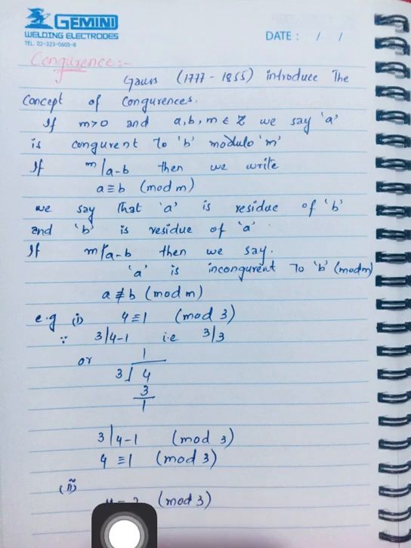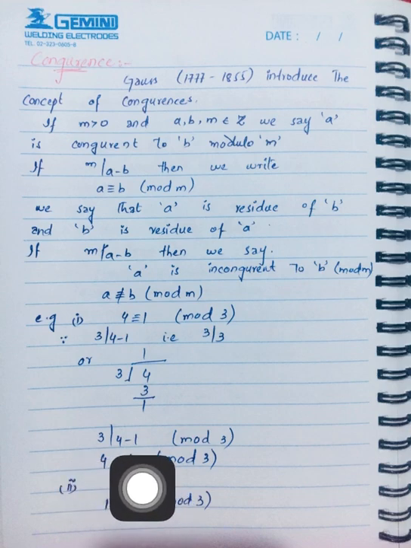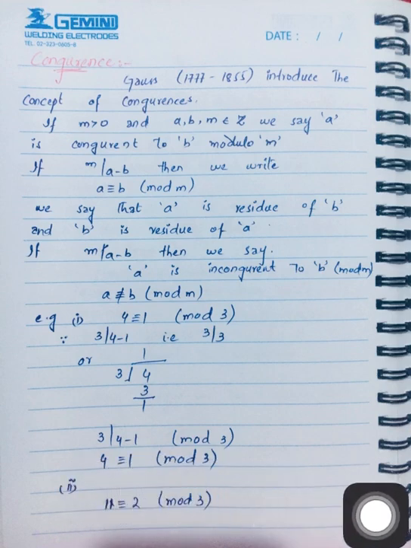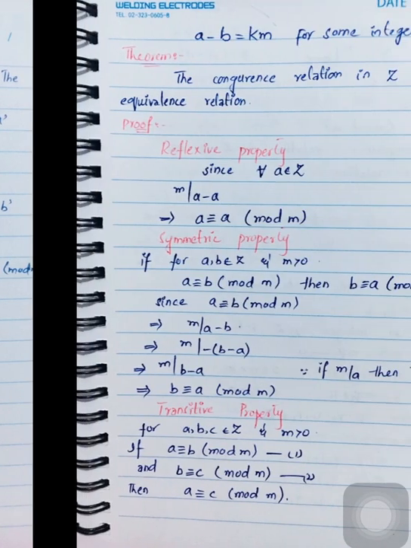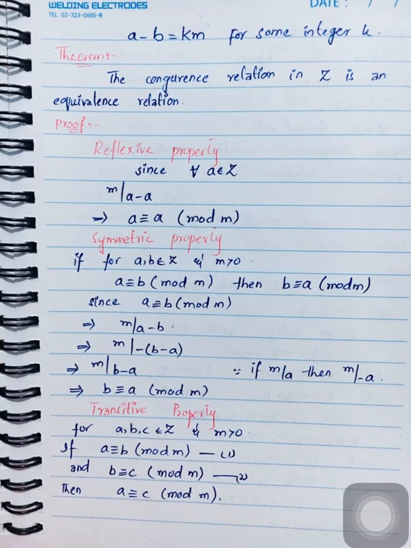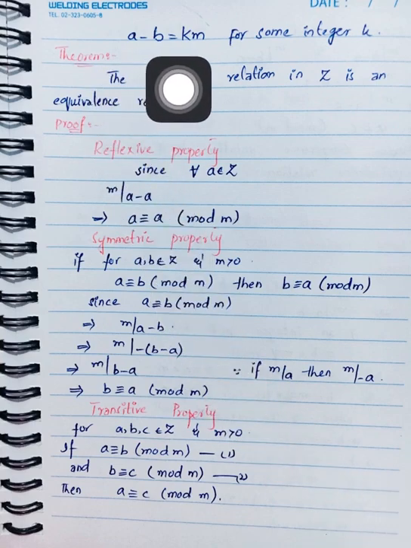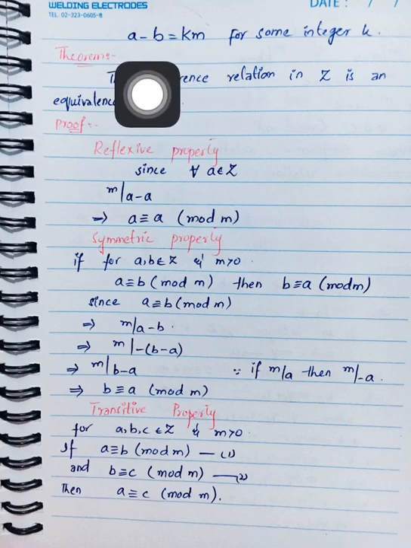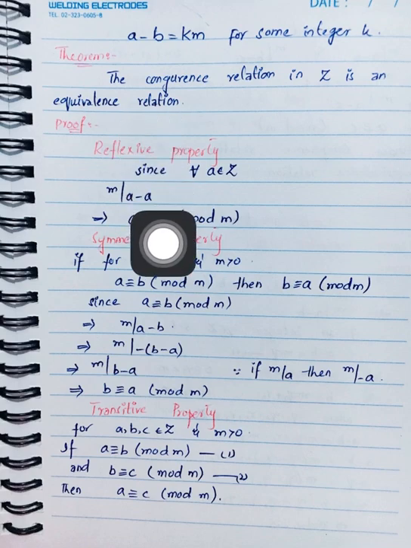So 11 is congruent to 2 and 4 is congruent to 1. There are many examples of congruencies you can find. Next, I can say that a minus b equals km, where k is some integer multiplied with m, and this result divides a minus b.